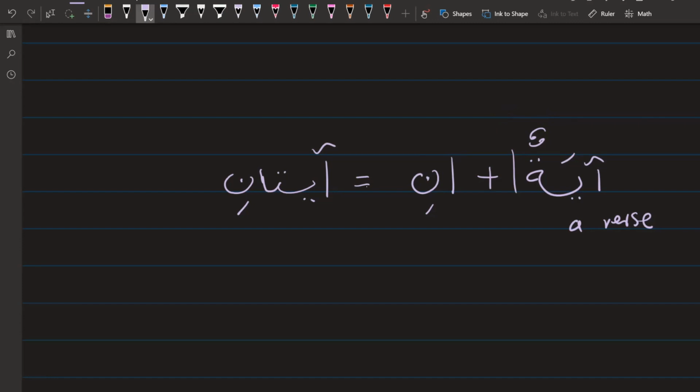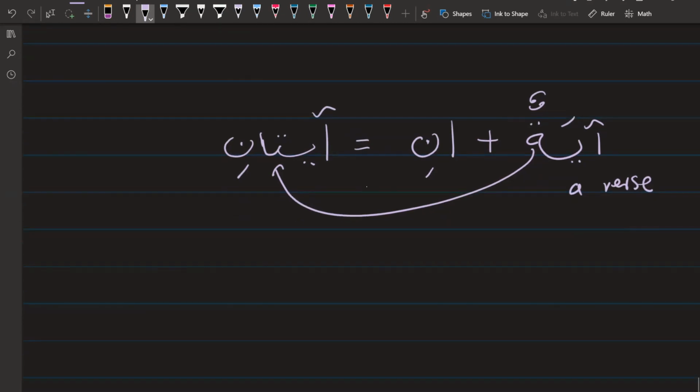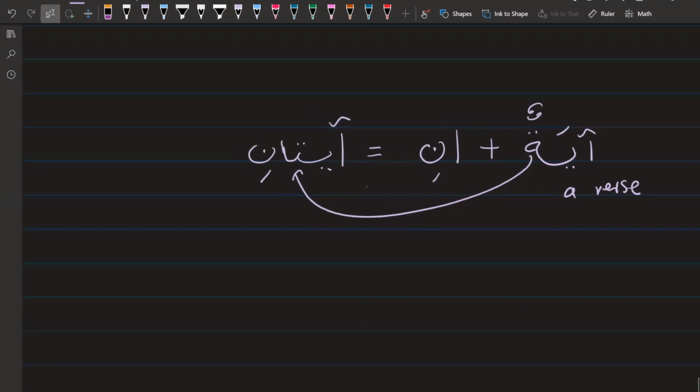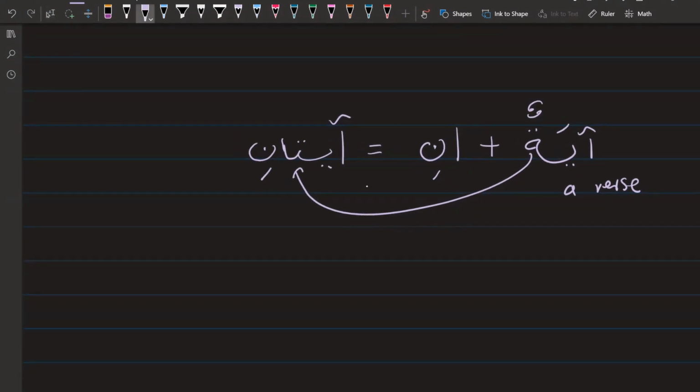So we have ayatani. And we also mentioned that this ta will be changed into your open ta. Ta marbuta will be changed into ta maftuha. We understand. Now, we also mentioned what state this is. Remember, we also have to think about a word from the perspective of its state, whether this word is marfu, nominative, or accusative or genitive case.